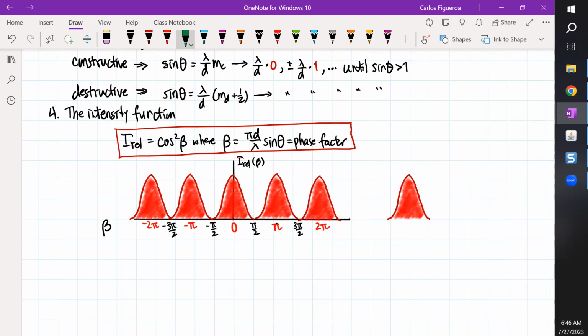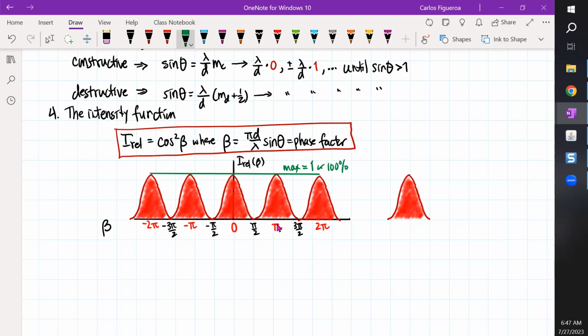And another important thing about this here is that this here is the maximum, and the max here is 1 or 100%.